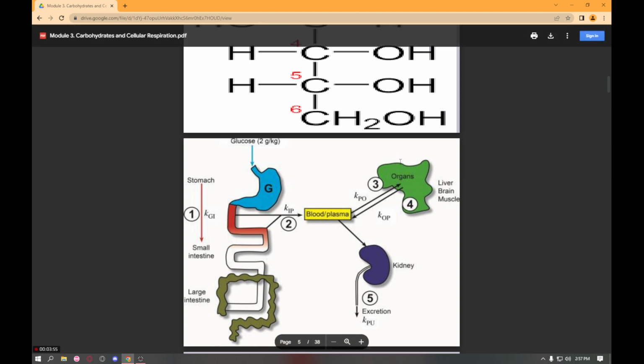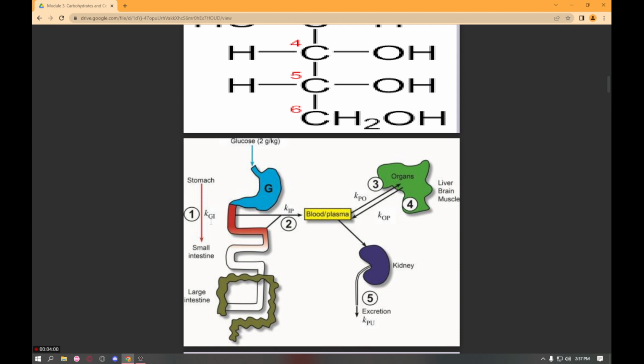Inside your stomach, there is gastric juice that produces hydrochloric acid in order to digest, to break down this food into smaller particles, aside from your salivary amylase in your mouth. There are carbohydrates which are easy to digest and not easy to digest, which means that it depends on the type of carbohydrates that you are eating.